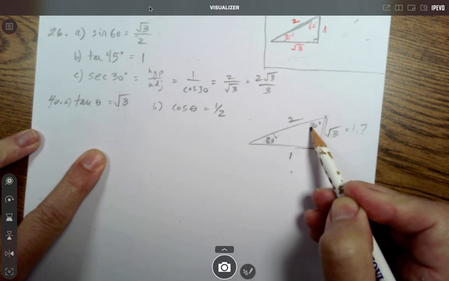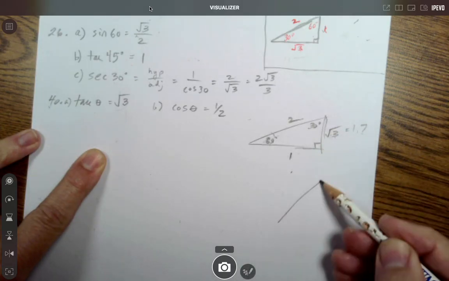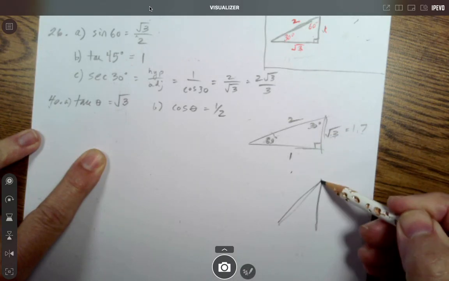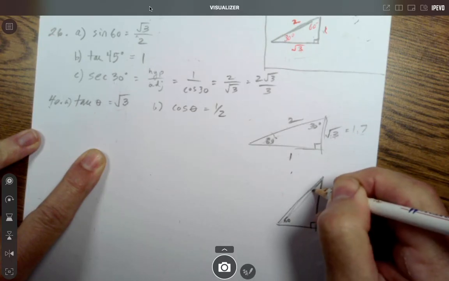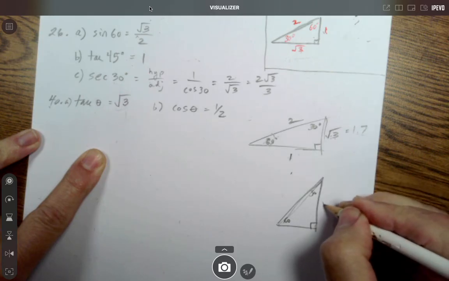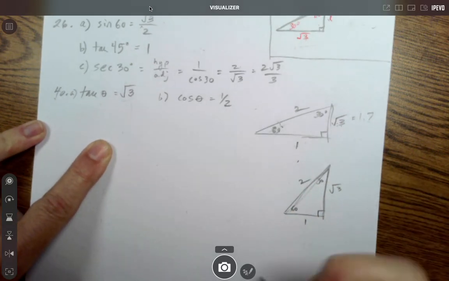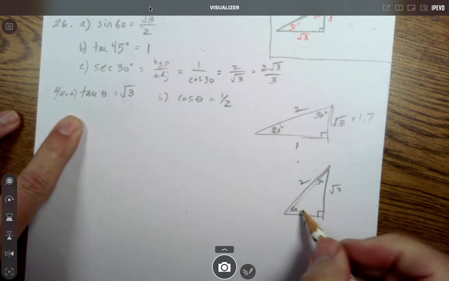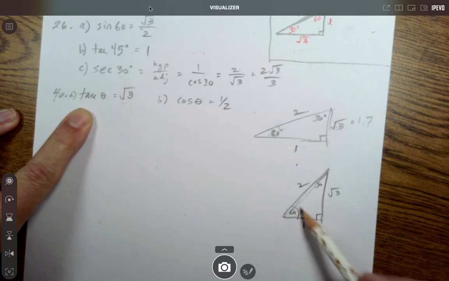So the smallest angle, 30, is across from the shortest side. So I really should have drawn it like this. There we go. Okay. So I know that tangent is this over this.